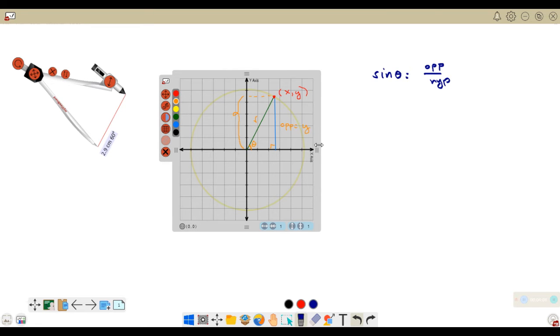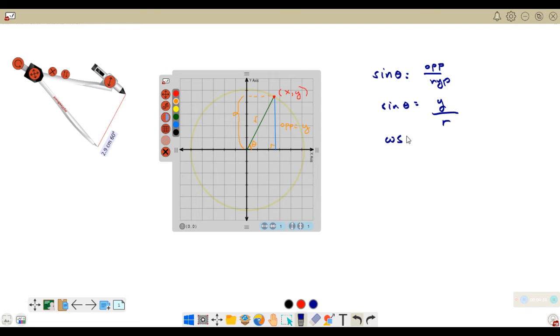So, the opposite is equal to y. So, for sine theta, this is equal to opposite y. And then, for the hypotenuse, syempre, yun yung opposite ng right angle or yung pinakamahabang side. And the longest side is the radius r. So, our sine theta is equal to y over r.